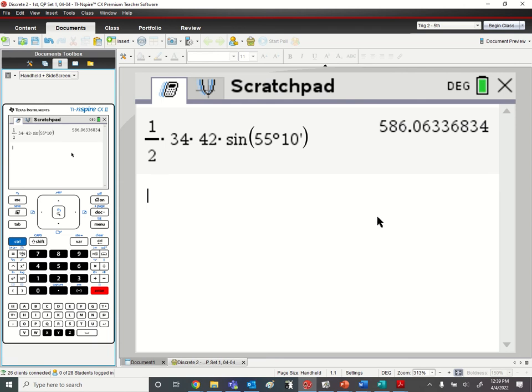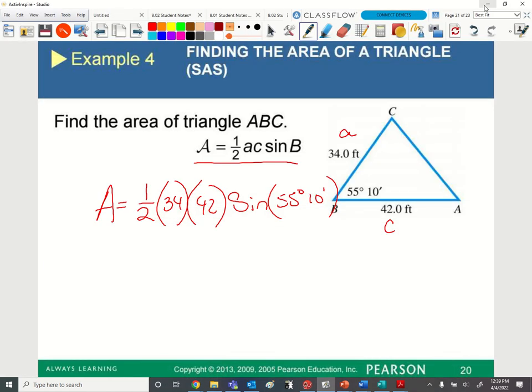There you go. So my answer is going to be about 586.1 feet squared. So my area is about 586.1, and it's feet squared. Now, I'm going to be a stickler about the units on this because area is always square.